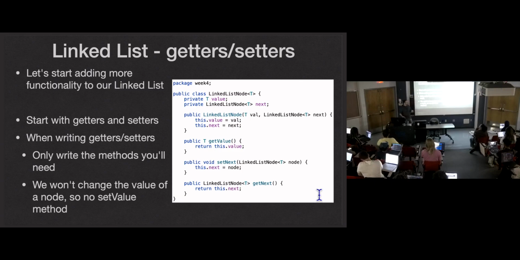For a linked list, if you want to maintain a sorted linked list, you wouldn't want to give them a set value method because then anybody can just destroy the sorted order by changing the value of a node. That's what I was thinking when I did this. It also saves room on the slide for what it's worth. But in general, if there's something you don't want people doing, don't give them the getter or setter.